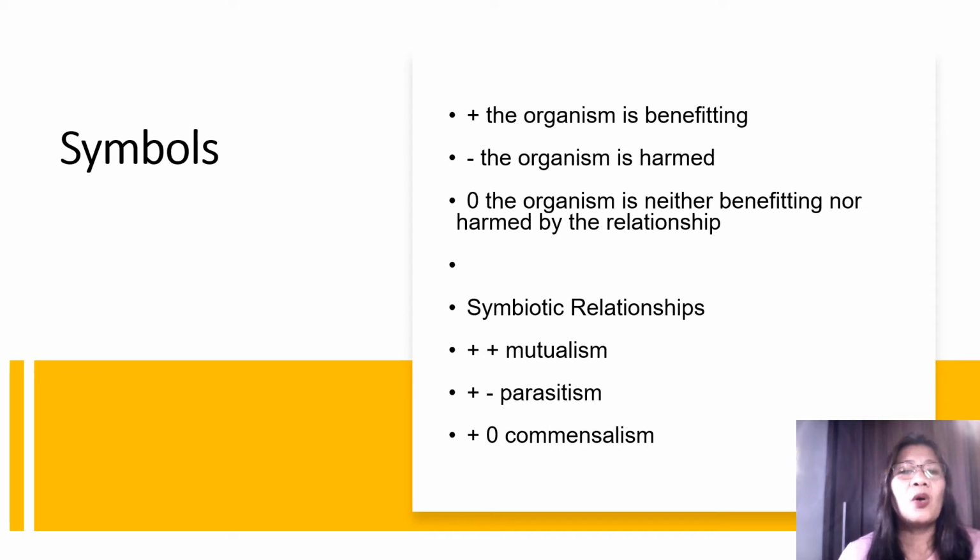Okay, so here are the symbiotic relationships, you will put them on the other side. If both are plus signs, it is mutualism. If positive to negative, it is parasitism. If positive to 0, we call it commensalism. Okay, here are the symbols.